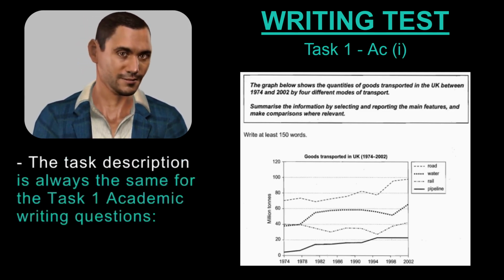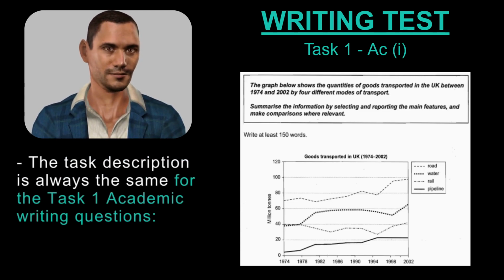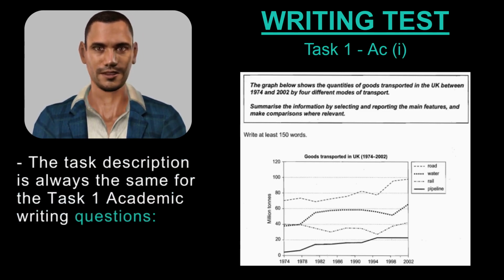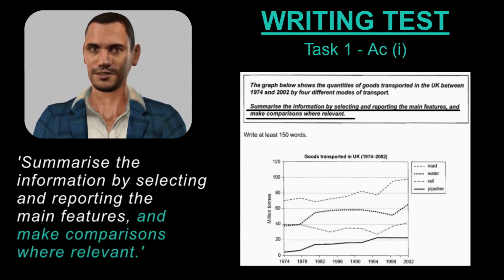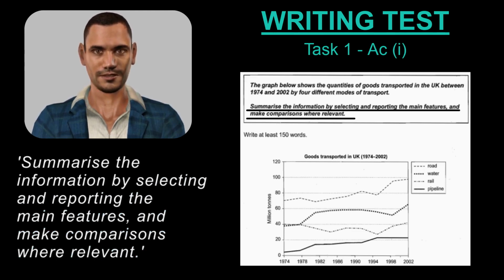The task description is always the same for the Task 1 academic writing questions. Summarize the information by selecting and reporting the main features, and make comparisons where relevant.